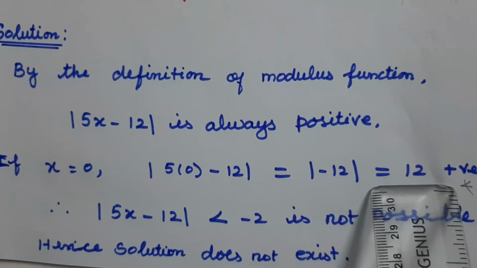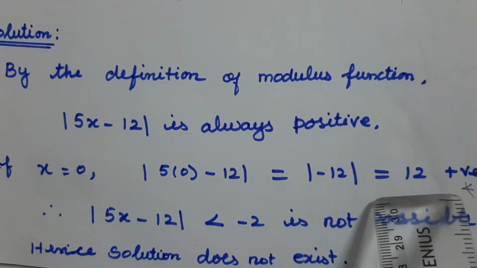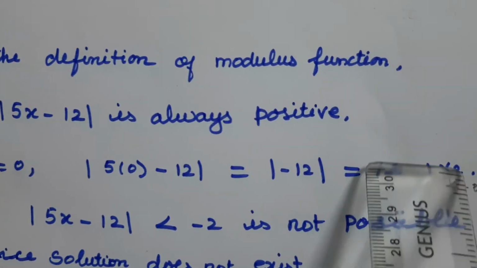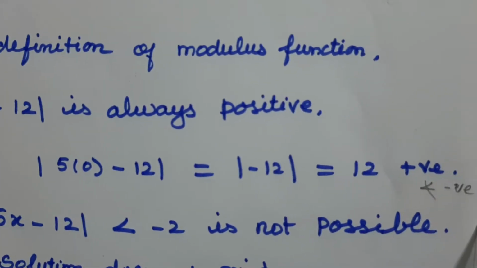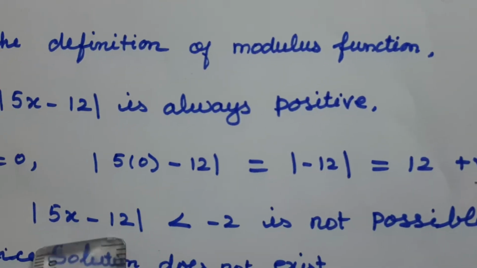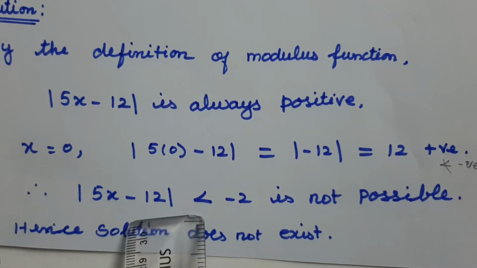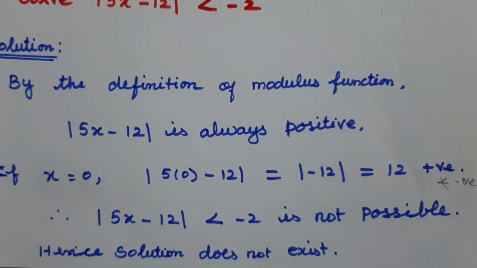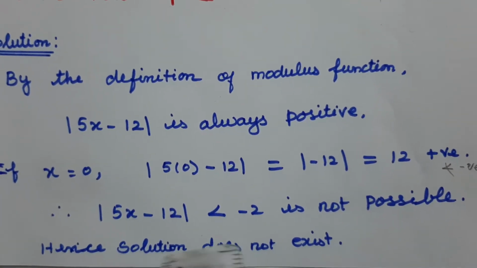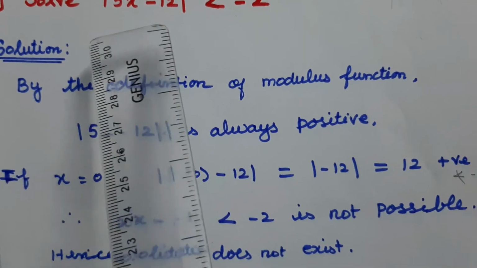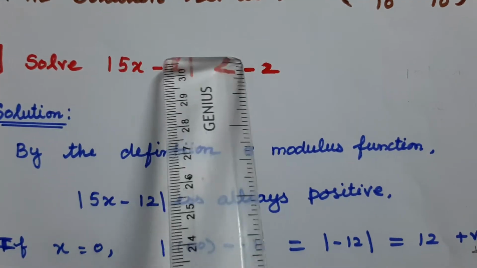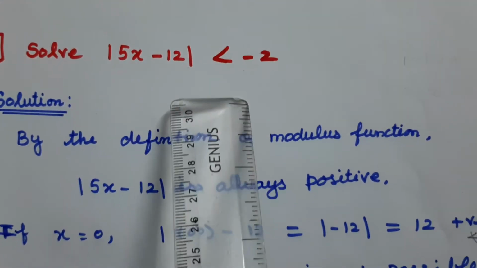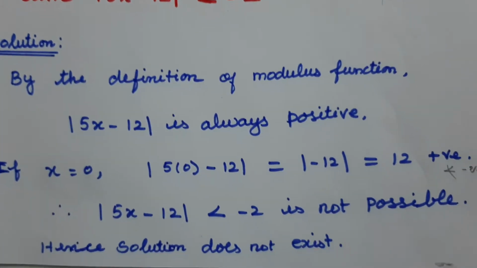So, plus 12 you will have. So, here a positive value will not be less than the negative value. Therefore, modulus of 5x minus 12 less than minus 2 is not possible. Therefore, here solution does not exist. If the modulus value is greater than negative values, you can get the solution.